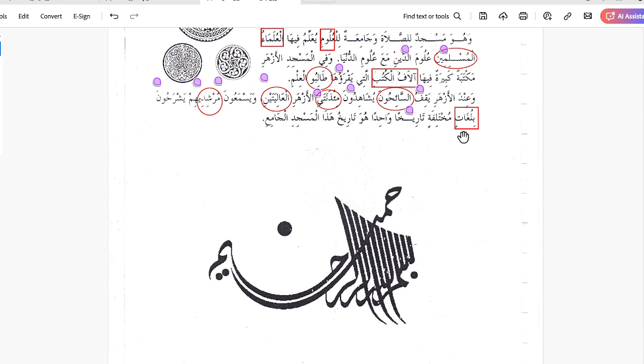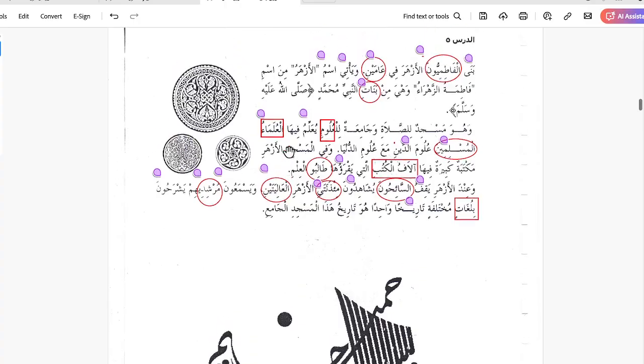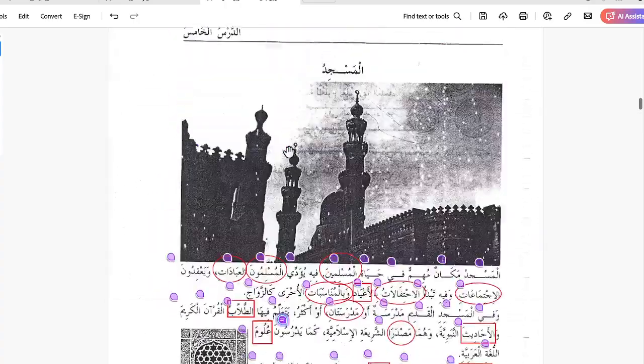Singular is lugatun, and for ism majrur has to be lugatin. So this is the feminine jama muannas salim. Tarikhan. Tarikhan is the maful bihi mansubun, alamatun nasbi al-fatha, and that is all for this lesson. Al masjid.